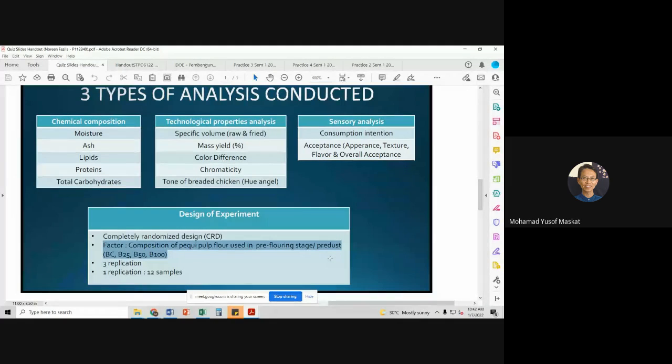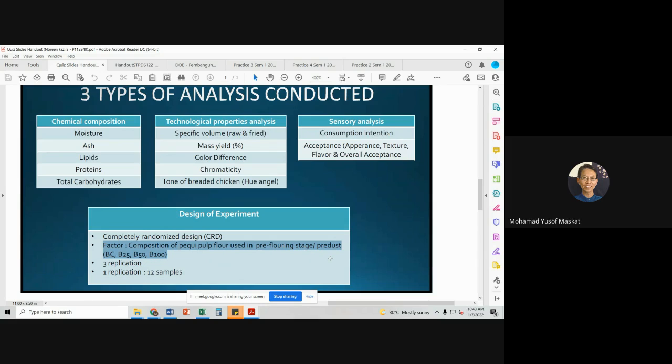Okay, remember the basis of experimental design is that everything has to be constant except the factor. Okay, so that is the most basic principle. Everything has to be constant except the factor.